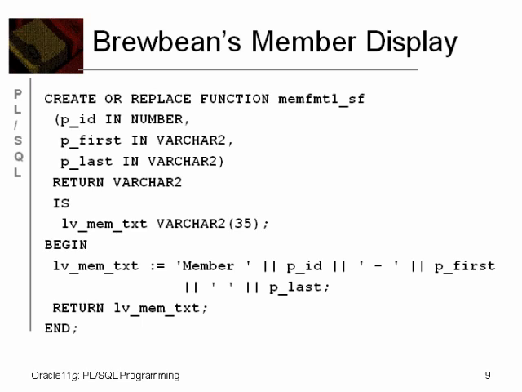Here's another function I thought it was worth looking at for a second. This one is just going to return a varchar, so a string of characters. We're taking in a person's ID number, their first name, and their last name. And what we're returning is a concatenation of the word member, space, their ID number, dash, then their first name and last name.